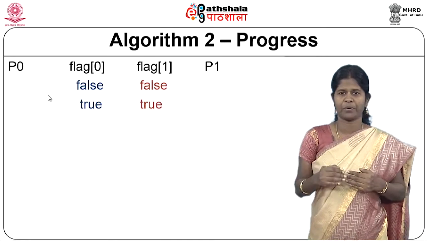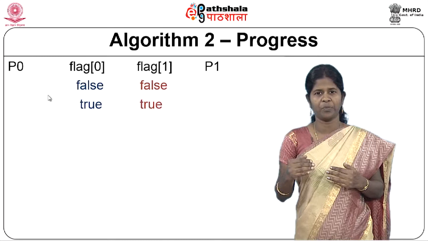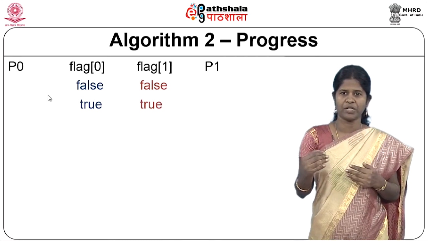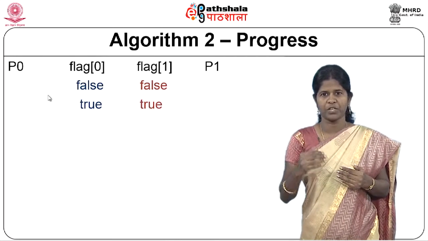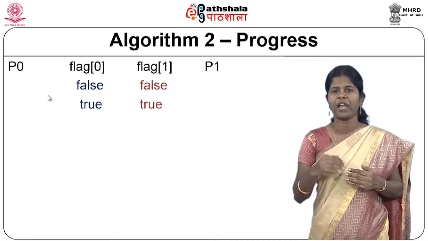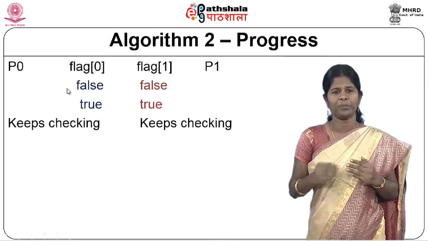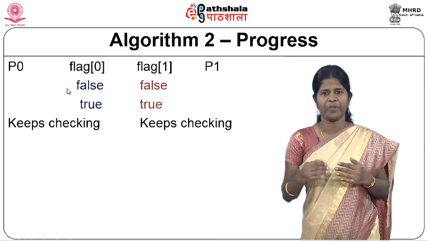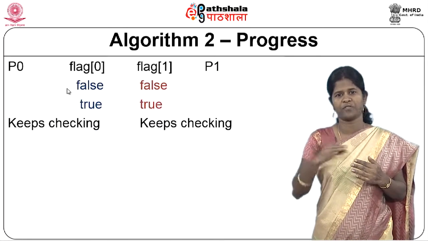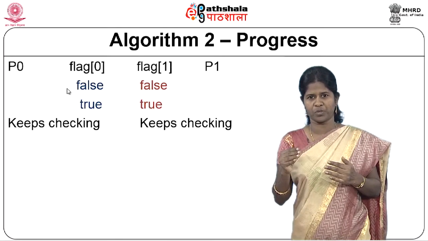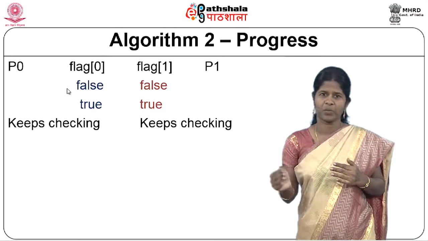P1 is in the entry section, so P1 also sets flag of 1 to true. Now what happens? If P1 tries to check while flag of 0, it will find flag of 0 true and it will keep on waiting in its while loop.